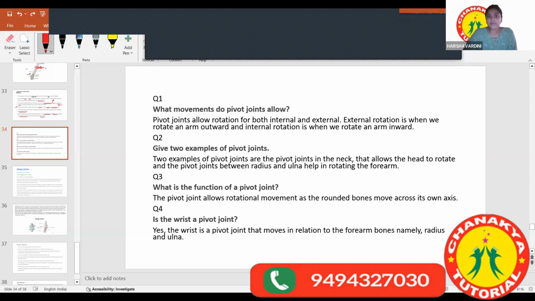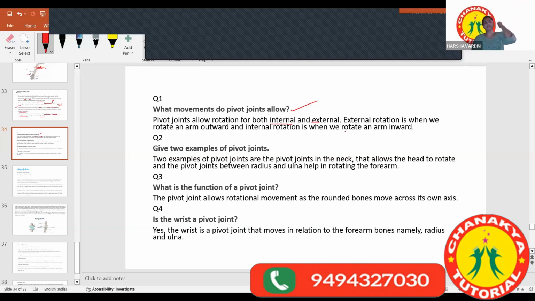So what movements do pivot joints allow? Pivot joints allow rotation, both internal and external. Internal and external rotation in the wrist: they are making the rotational movement in the wrist, and the rotation movement is there in the neck also. So I'm just rotating the neck, right? Rotatory motion is possible. External rotation is when you rotate the arm outward, and internal rotation is when you rotate the arm inward.